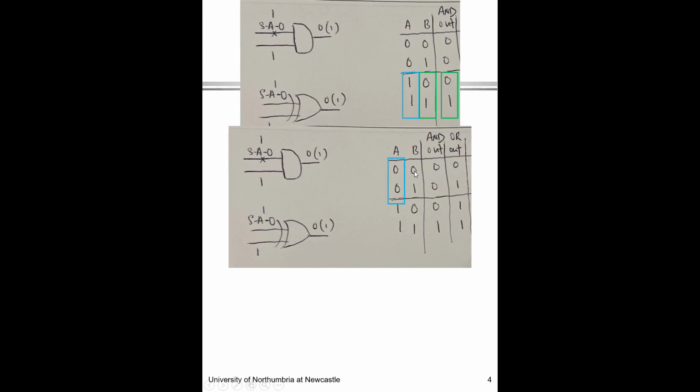If it's stuck at 1, then even if you input 0, you will still get 1. And if it's stuck at 0, if you input 1, it will still give you 0. So this is the stuck at fault and the test pattern to test the stuck at fault for the OR gate.